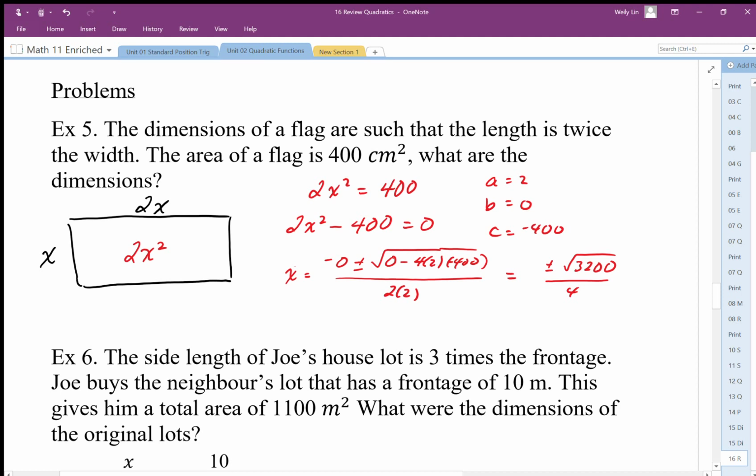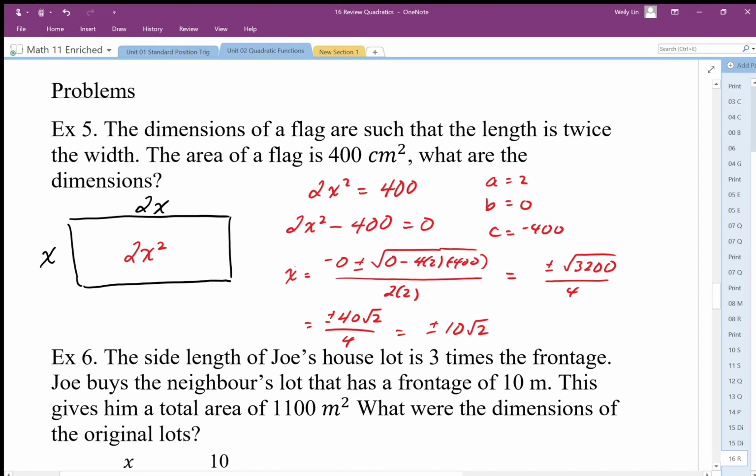Factor out the perfect square. The largest perfect square factor looks like it's going to be 1,600. So then we simplify this. The square root of 1,600 is 40, so we end up with plus minus 40 root 2 all over 4. So that simplifies to plus minus 10 root 2.